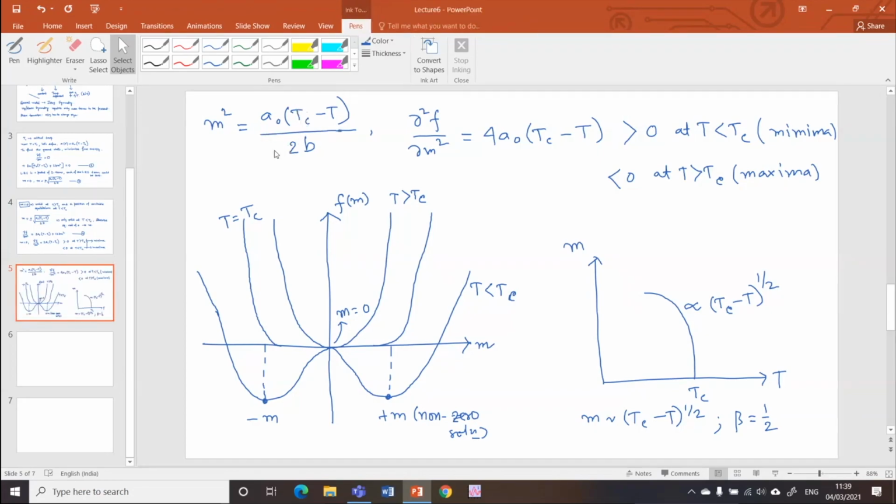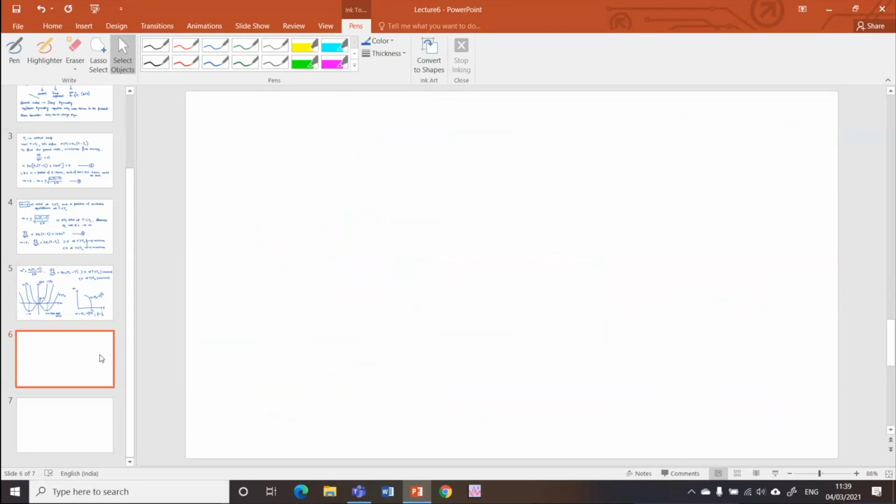Yes, sir, from this expression. You need to be more attentive. Okay, so what do we learn from here? We get m equal to 0 as the solution for T above Tc.